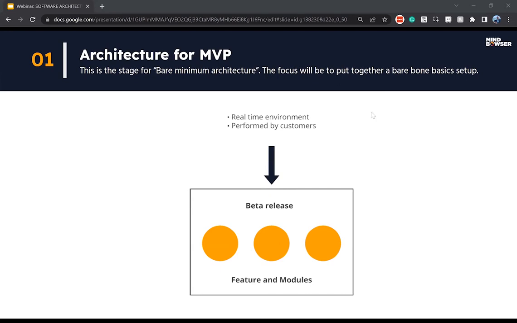And once the alpha release is done, it will be moved to the beta release. In the beta release, it works as a prototype of the real entity, and it will be tested by real-time customers, the beta users, in a real-time environment. Here we consider all the aspects of security, compliance, and reliability.